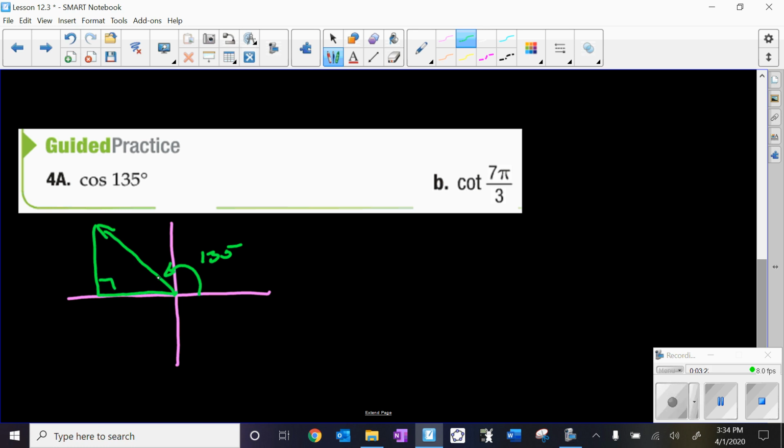Here's my reference angle with my terminal side and my x-axis. I know that all the way around is 180. 180 minus 135 is going to get me 45 degrees. This time you're going to use your 45, 45, 90 triangle.